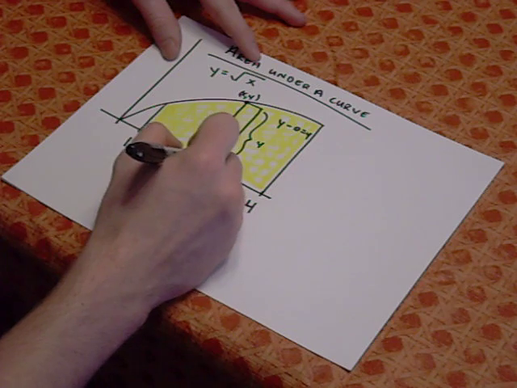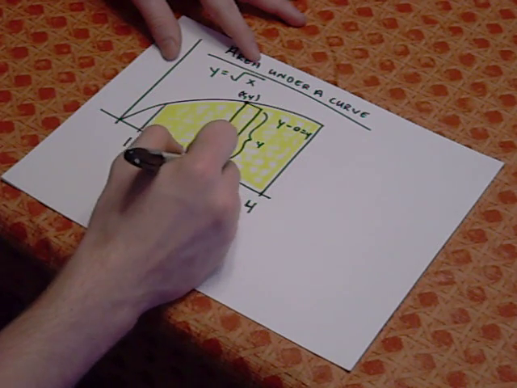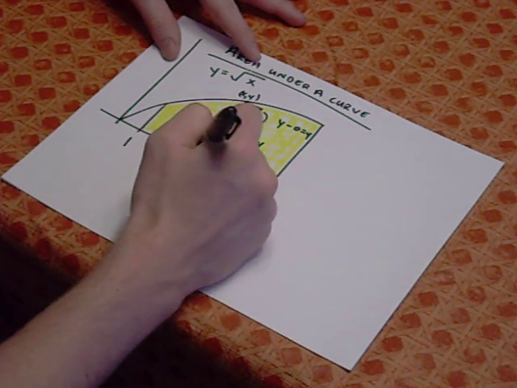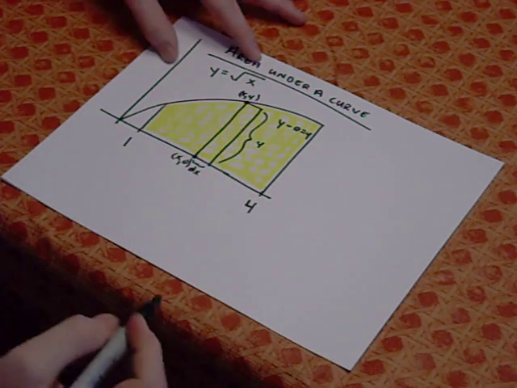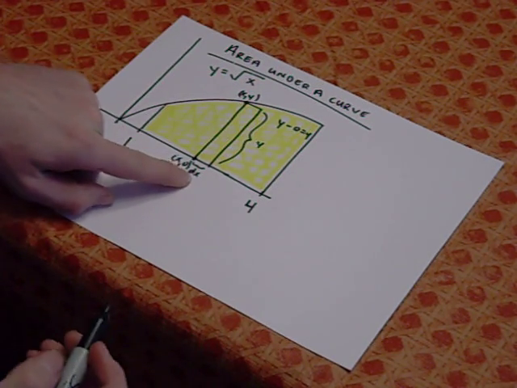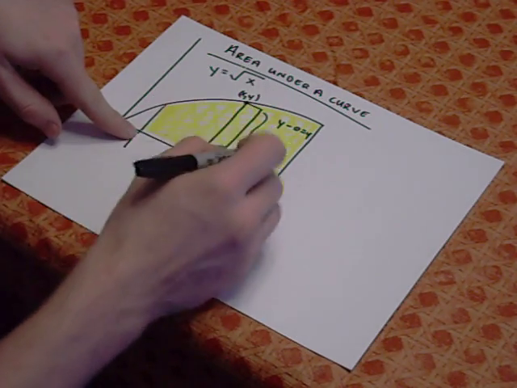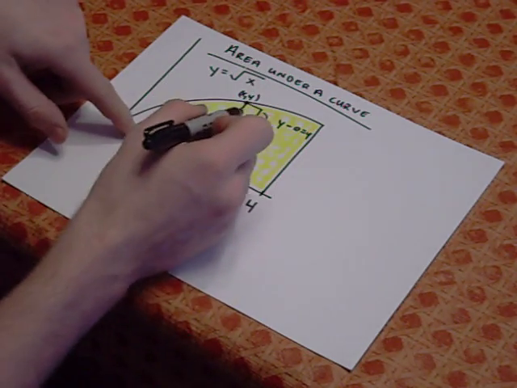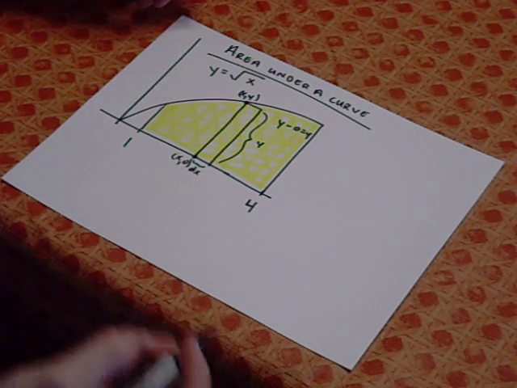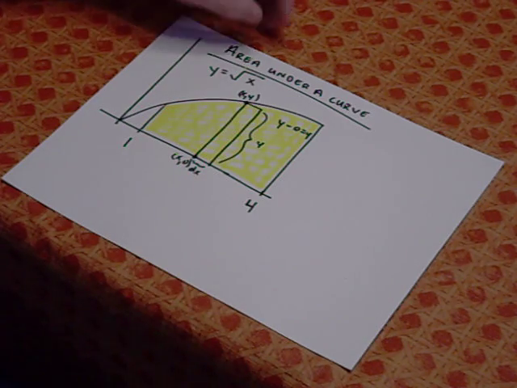And this length right here is a change in x, or dx. That change in x is represented because we want to add up an infinite number of rectangles in this whole yellow region to get the area.